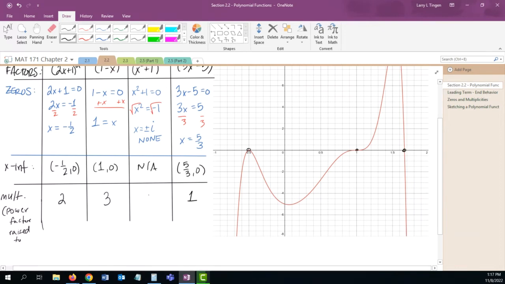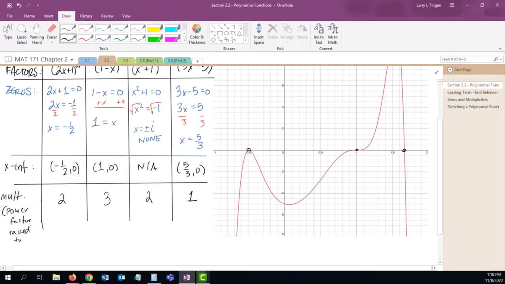Can anybody see what 3 and 1 have in common that isn't true of 2? What kind of number is 2 and what kind of number is 3? How are they different? Any thoughts?